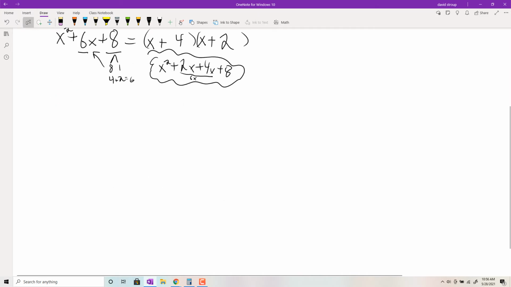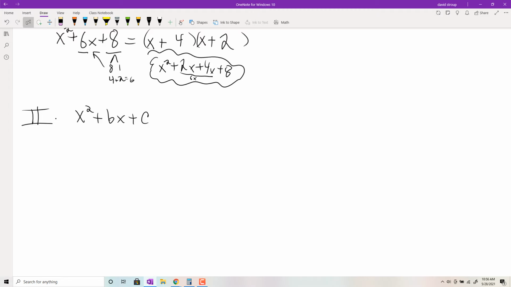So this is now section 2. The first form we'll see is x squared plus bx plus c. Whenever you see this, I advocate that you set up your parentheses first, and then it's kind of just a puzzle. In this form, it's always going to be x and x.